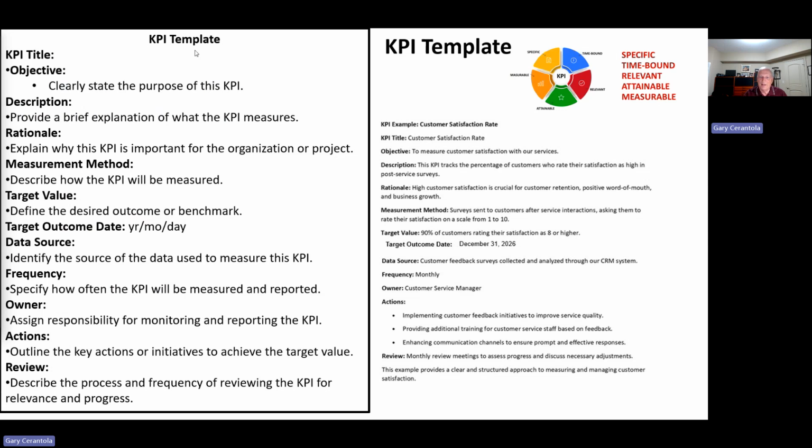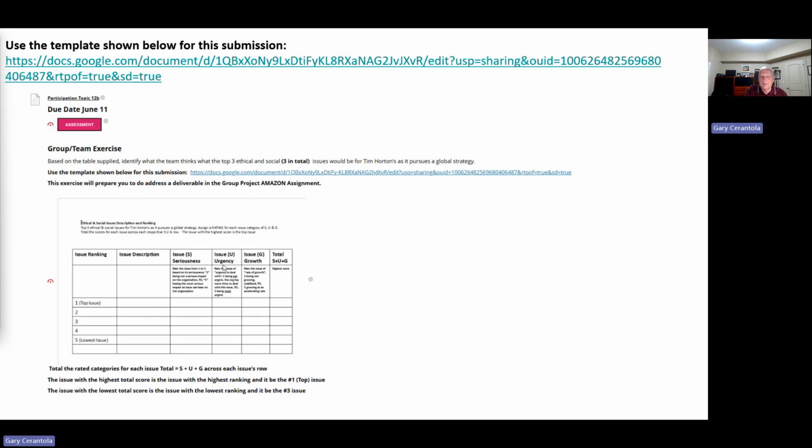And also, here's the KPI template. It's not as important that you go through this particular template itself, but it's a good idea to go through and understand why KPIs are so important, and picking the right KPIs is key. Okay. Now the second one, I've explained this quite a bit. You're rating each issue on the seriousness of that issue, the urgency of that issue, and the growth of that issue.